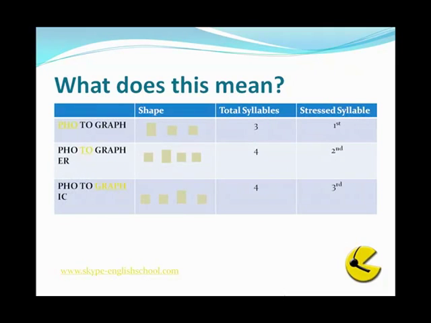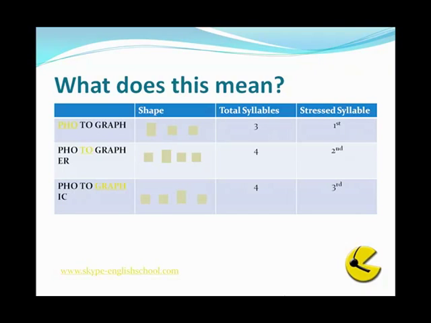Photograph has three syllables and we actually stress on the first syllable. Photograph. Photographer has four syllables and we actually stress on the second syllable. Photographer.